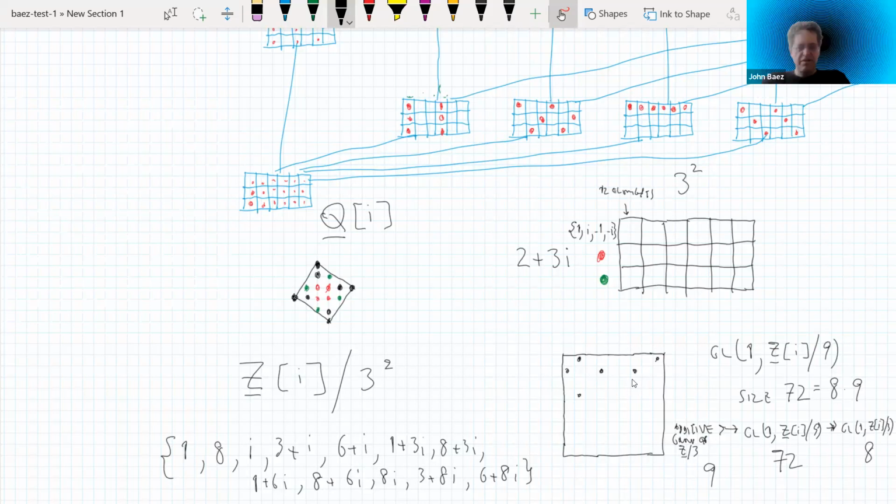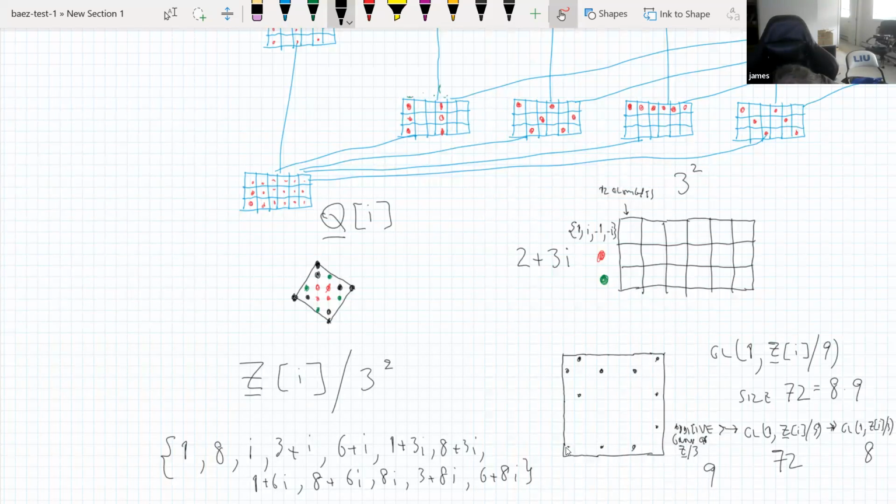Like 8 plus 6I. Or maybe it's 8 plus 3I and 8 plus 6I. Okay, and now can we see how to reflect those? Just this one, if I could figure out where it is. So it's like a knight move.